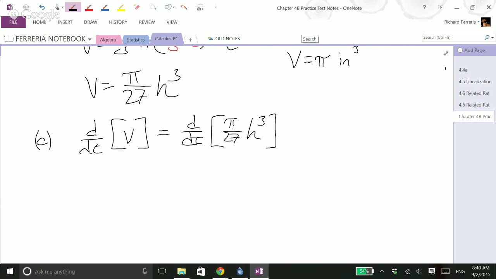Derivative of the left equals the derivative of the right. dV/dt equals pi over 9 h squared dh/dt.